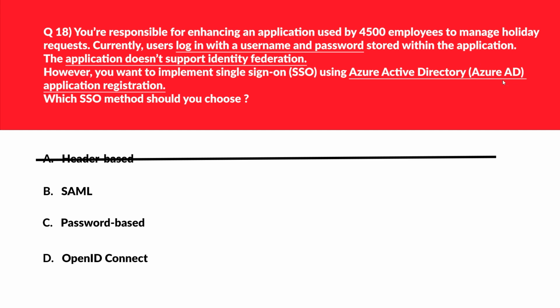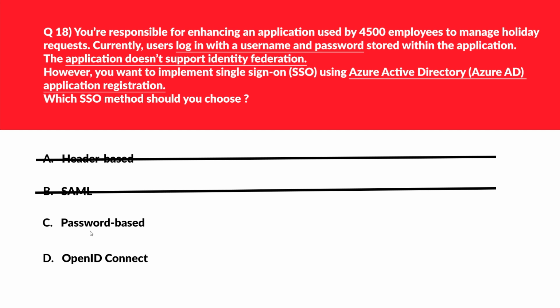So whenever you hear Active Directory or Azure AD, think about Entra, right? This is the same thing, but in order to avoid confusion, I mentioned Azure AD. As per the question, the application doesn't support identity federation, right? So therefore we'll reject option B.